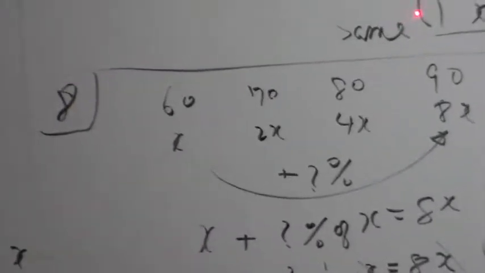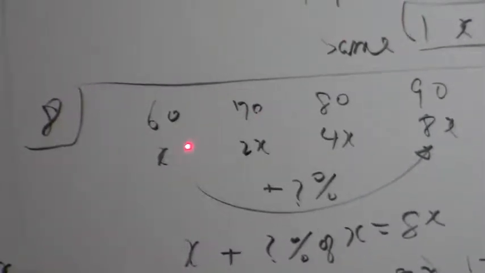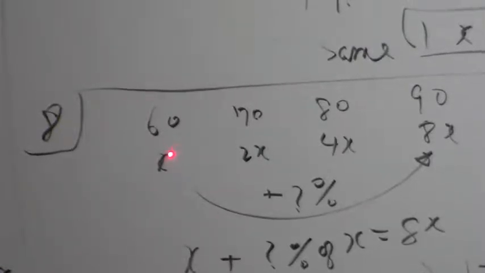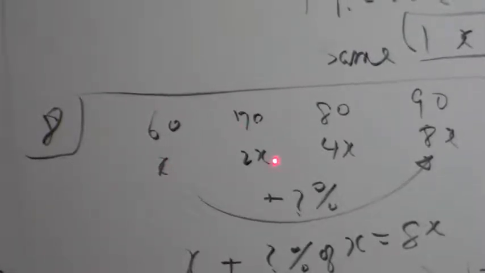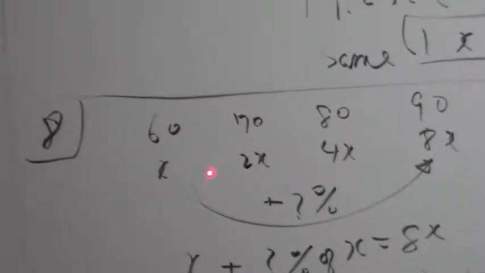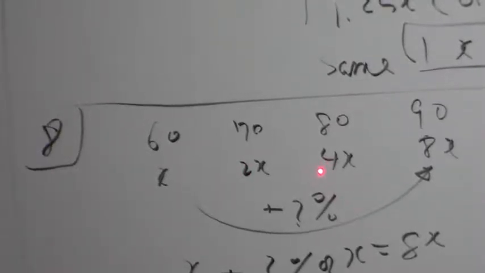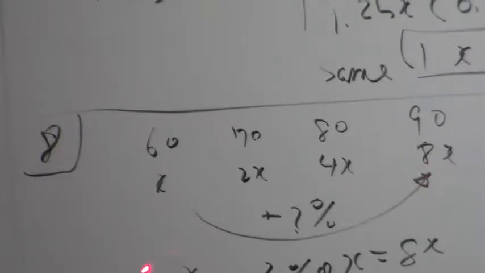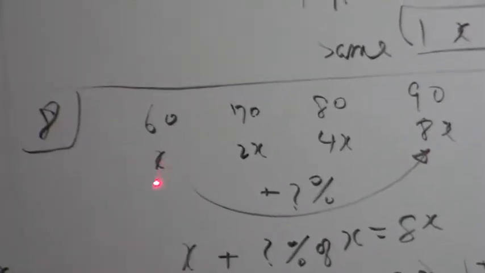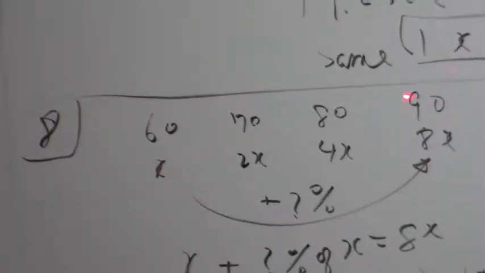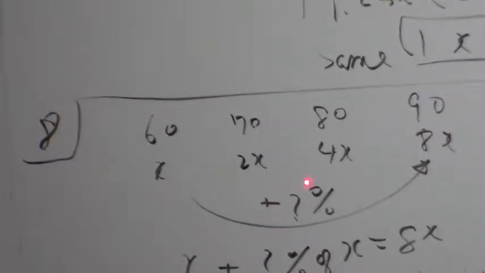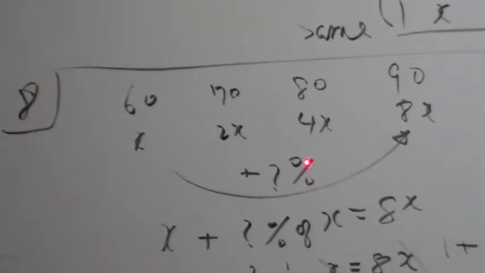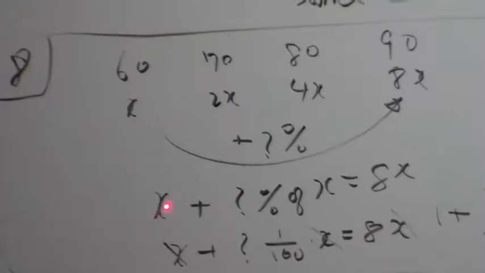Okay, number 8. Number 8 is population increase, double. 60x, then 72x, right? Then 80 double, so make sure 4x, not 2x. 90 double, so 8x. Then what percent increase from 60 to 80? We don't know what percent increase, so we're gonna make an equation.